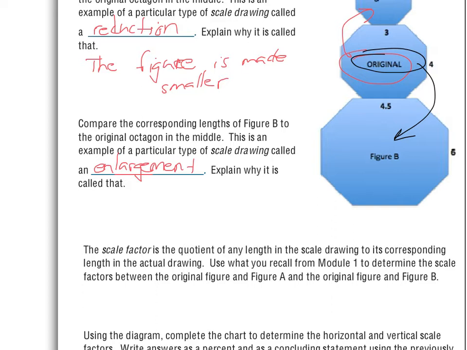Explain why this is called enlargement. Well, it's because the figure is made larger. So if we use those root words, we can see that these two definitions seem to make plenty of sense.